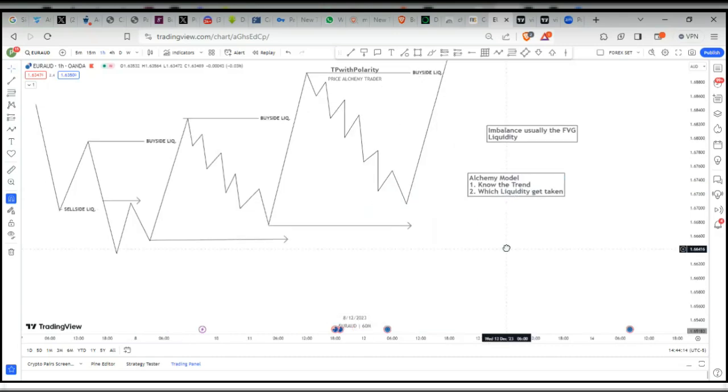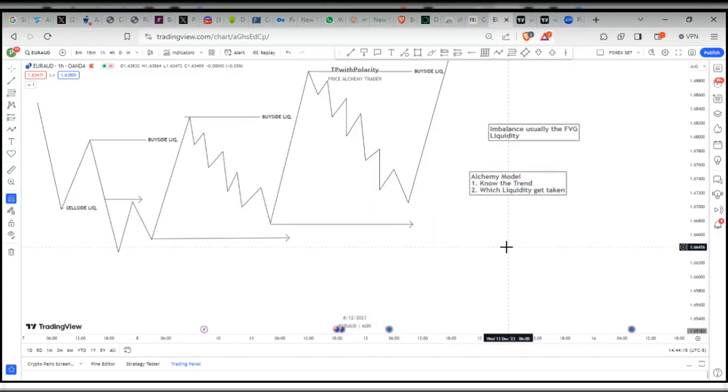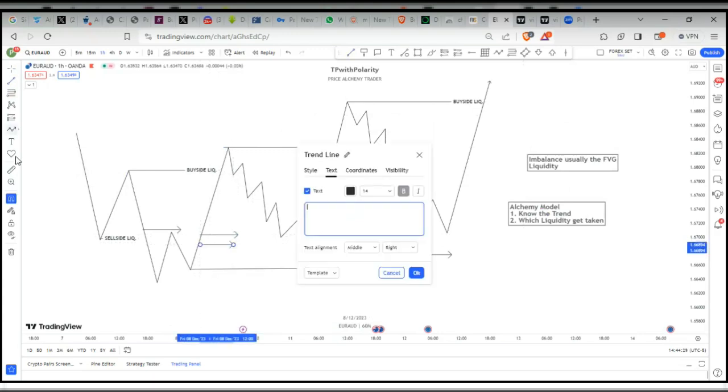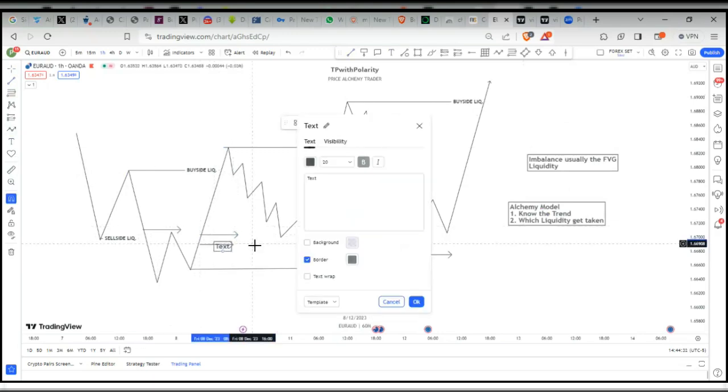Now this is how you know that, guys. A buy side liquidity gets taken out. Now you expect the market to trade right back into the nearest imbalance. There should be an imbalance, a fair value gap. There will be a draw on liquidity for us here.